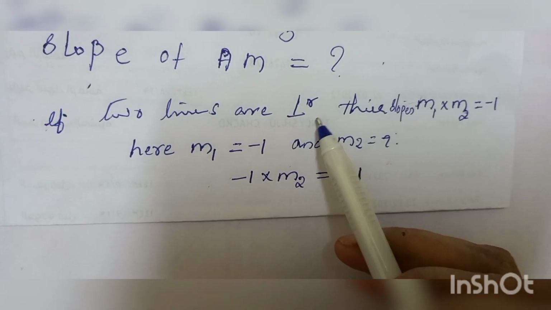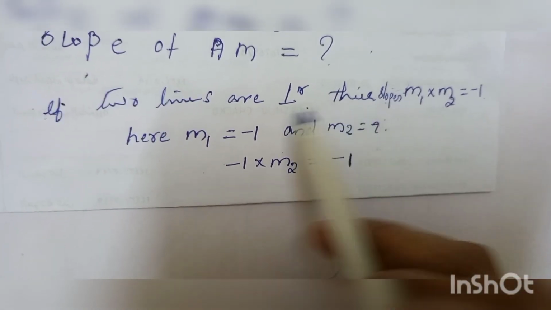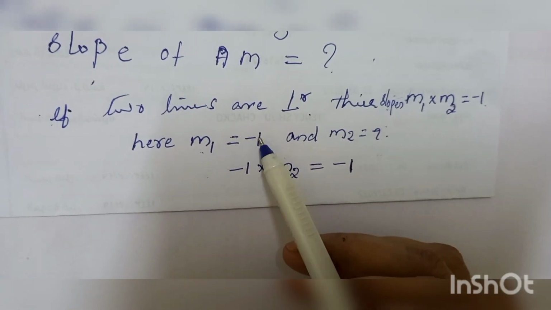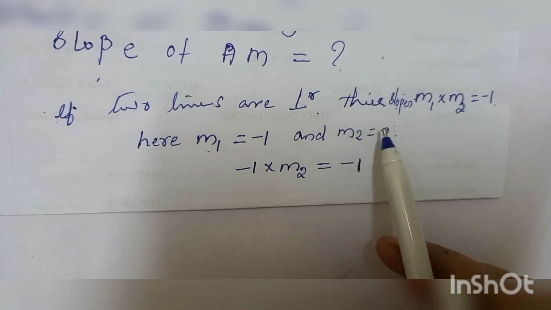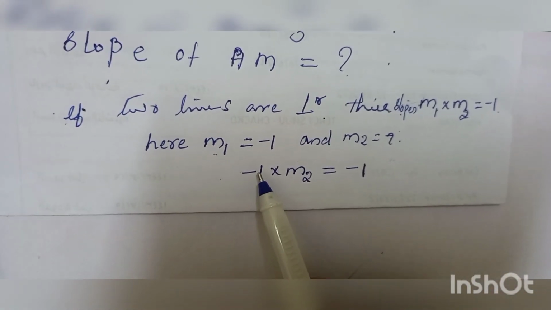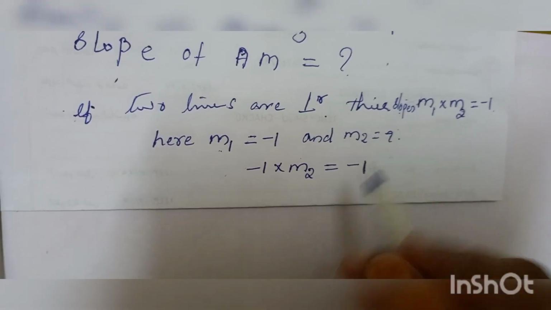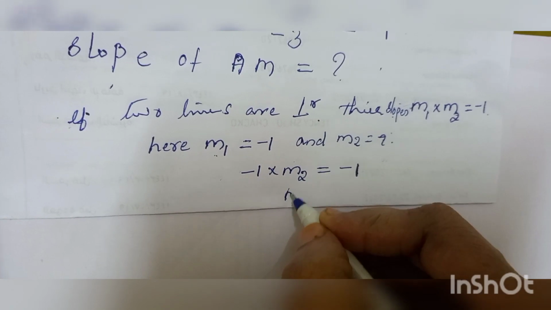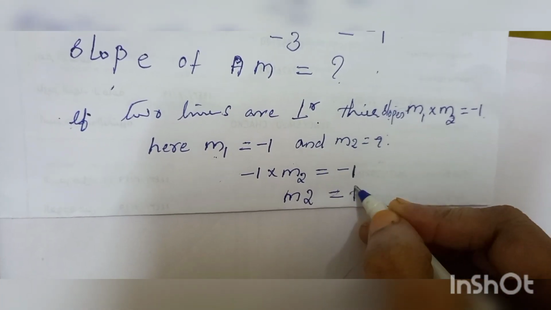If two lines are perpendicular, the product of the slopes M1 times M2 is equal to -1. So here M1 is equal to -1, we already found, and M2 we have to find. So -1 times M2 is equal to -1. So M2 is equal to how much? 1 we get, isn't it?